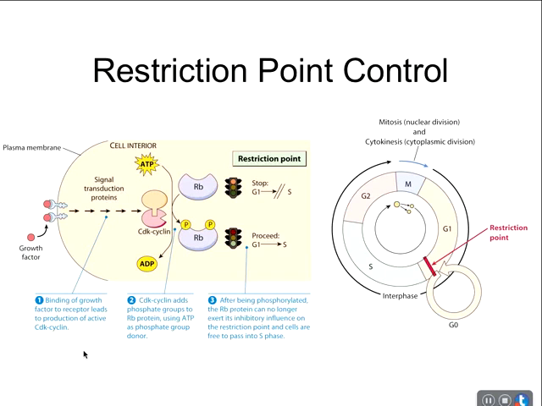So now you have binding of cyclin to CDK. CDK, once it's active with its cyclin, is going to phosphorylate. When we're talking about the restriction point, the protein that's really exciting here is called RB. RB has to be phosphorylated to allow movement past that restriction point.